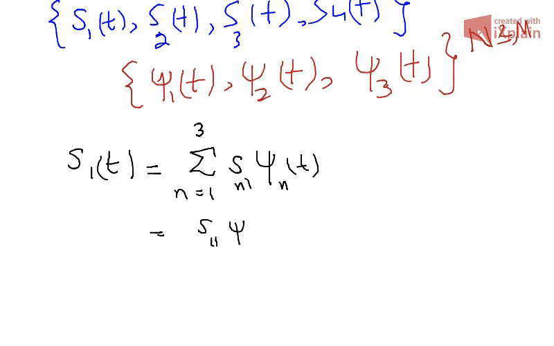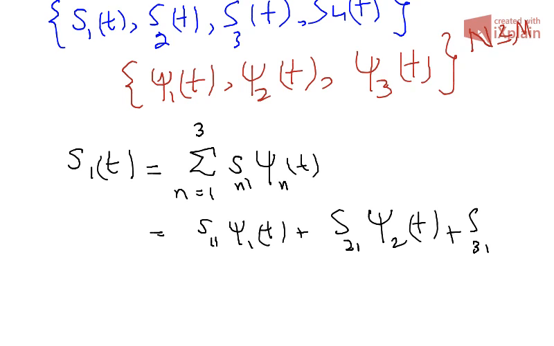So you can write S1 of t as S11 psi 1 of t plus S21 psi 2 of t plus S31 psi 3 of t. Right? You can write it as a linear combination of these signals. And you already have these components S11, S21, S31. You already found these components. So just plug those values.